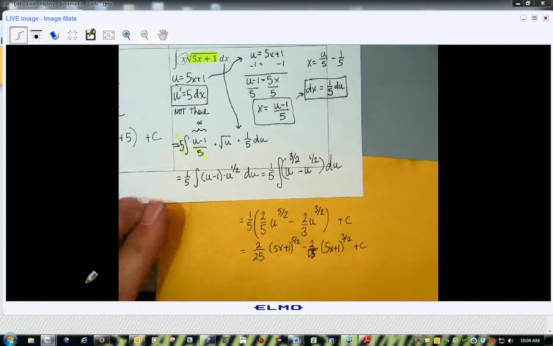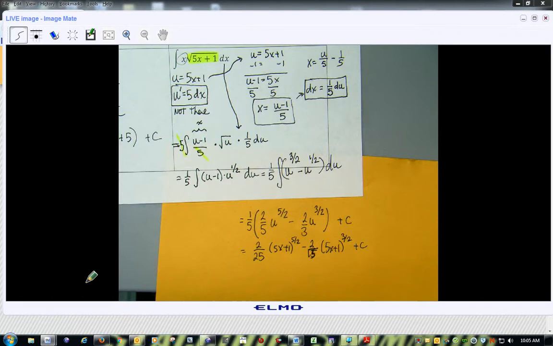So this one is a little bit more complicated, and that's because you had an x, the straggling x that was out there, that really kind of threw a wrench into the whole thing. But we do have that equation, u equals 5x plus 1, that relates a u and an x together. So we can get rid of the x's and put it in terms of u at that point.